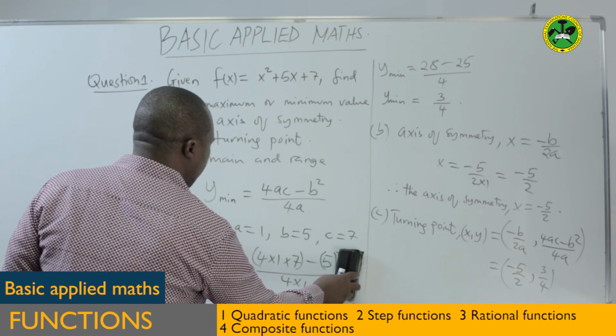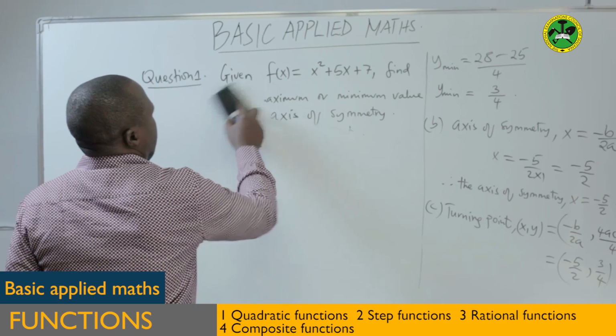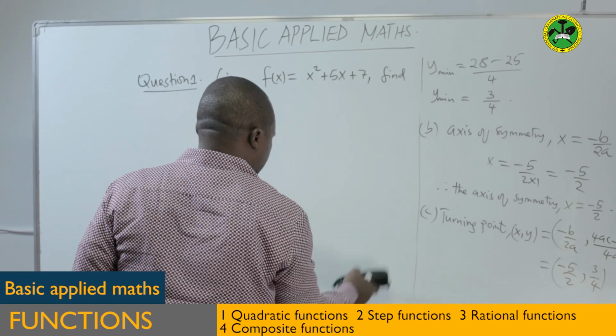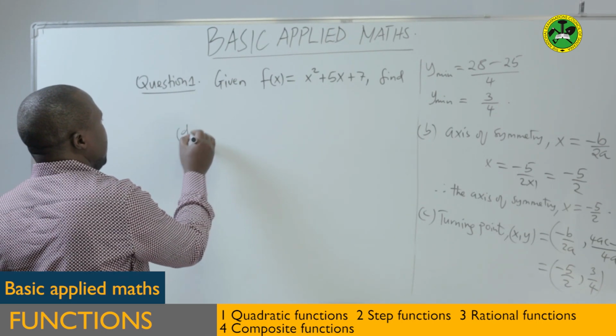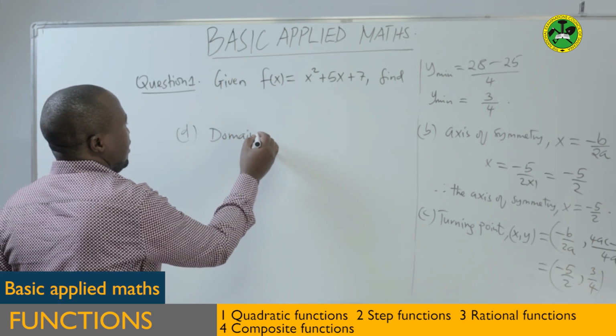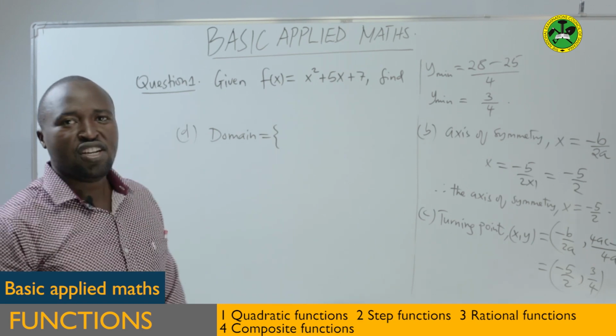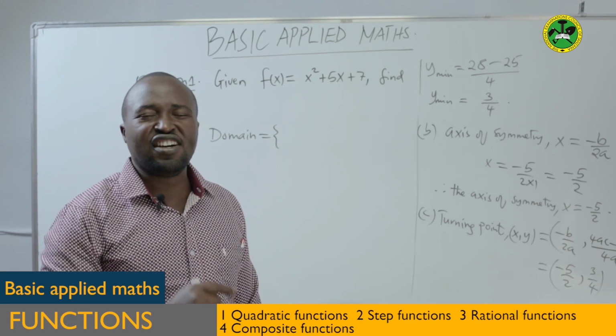So for the case of domain and range, that is part D. We are supposed to find the domain and range. Let us start with the domain. Domain refers to first entries or x values.